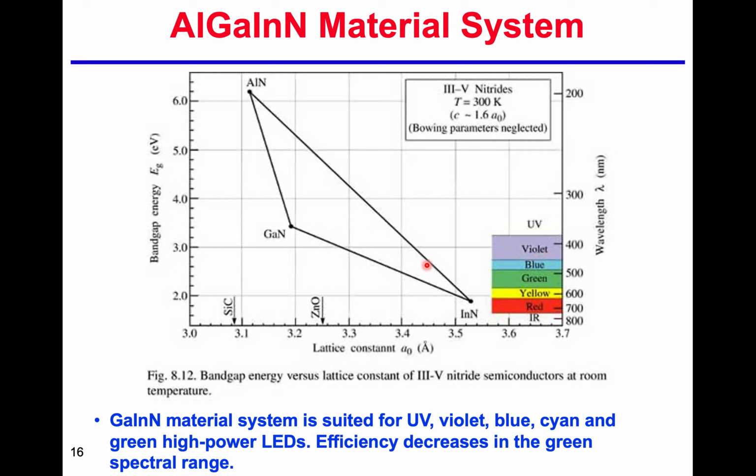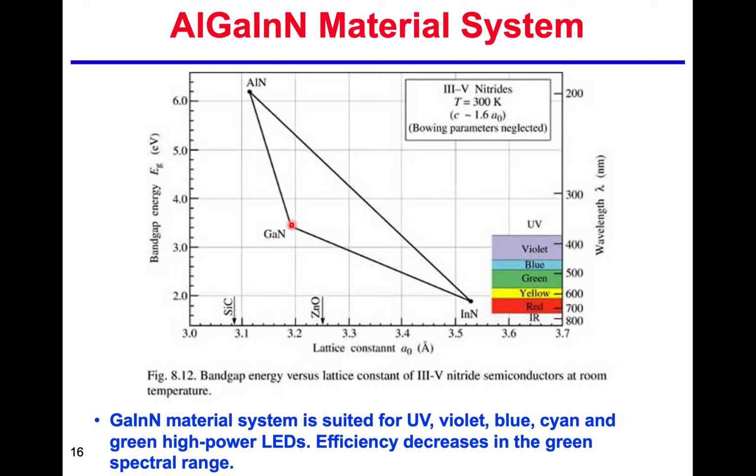So that's green and blue. So that is the nitride system. The same, we can use aluminium, gallium, and indium nitride together. And as we can see here, gallium nitride itself emits light in the UV. So if we want to push to the longer wavelengths, we need to incorporate some indium inside.